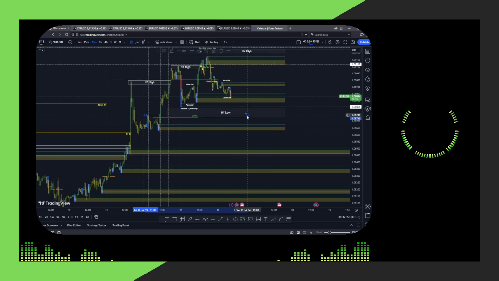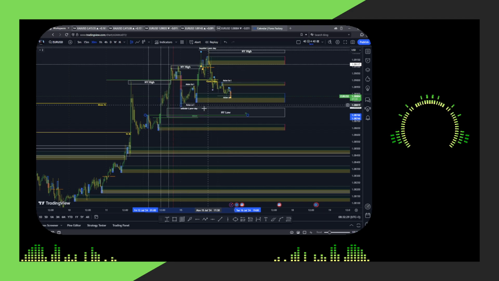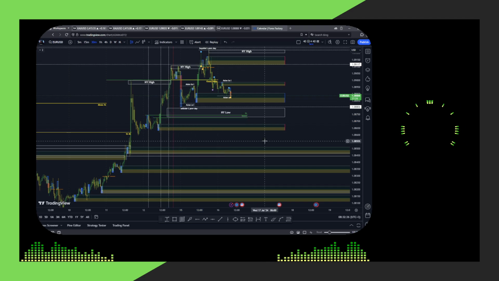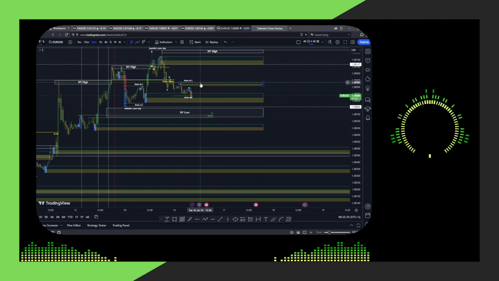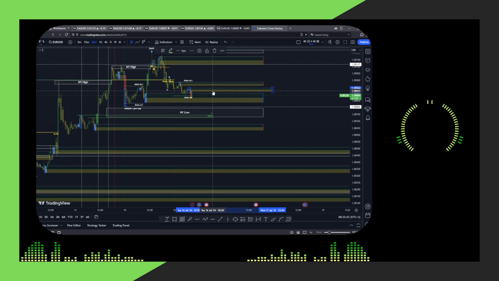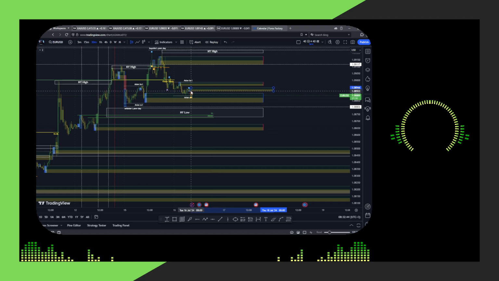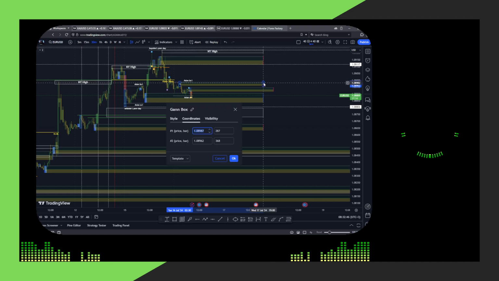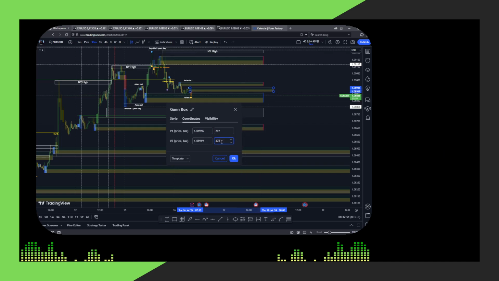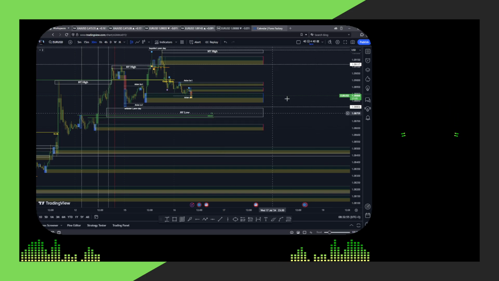Another thing is that we have this fair value gap, which is more likely to continue holding the price up before the ultimate push to the downside. But for me, I'm just waiting for my entry confirmation with the 3 count rule on these particular levels.